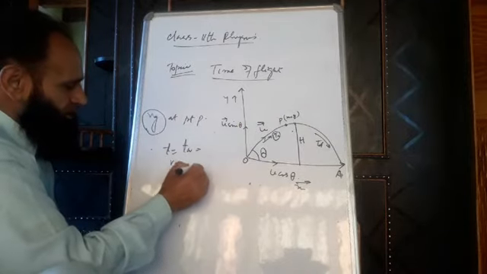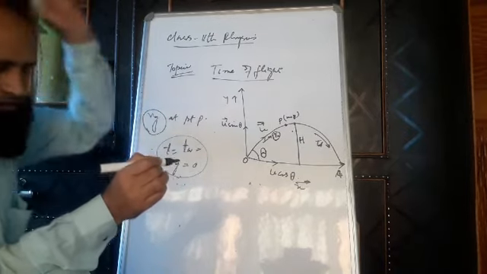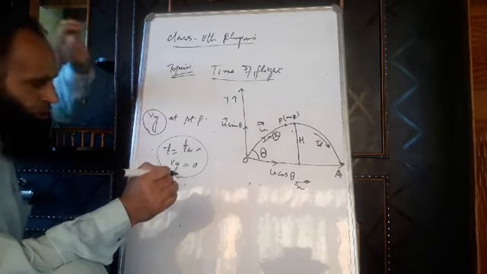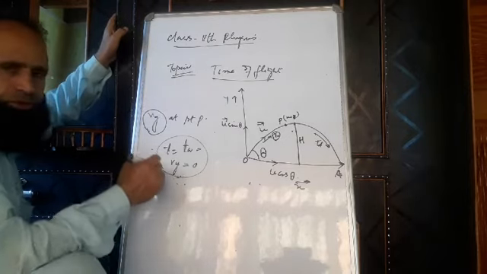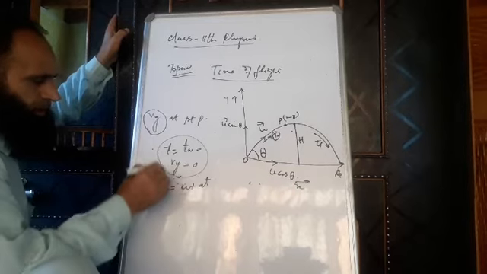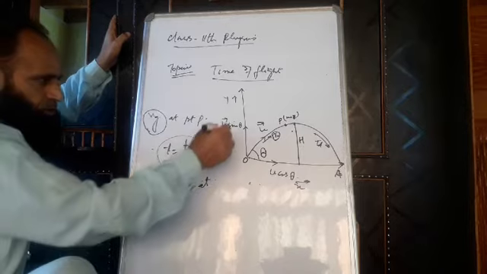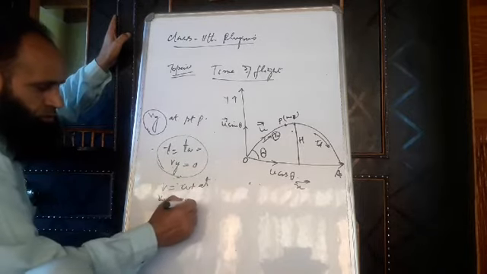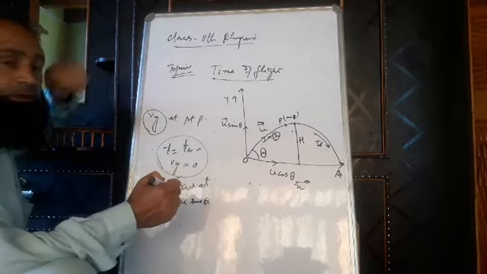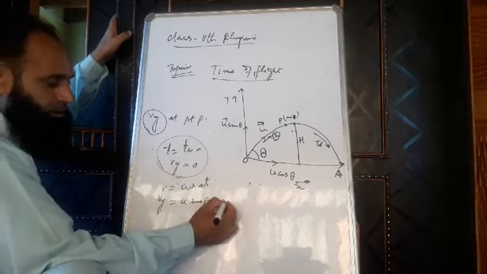Let us take it equal to 0. At that point, it attains the value 0. We know the first equation of motion, v is equal to u plus at. Here, instead of v, we write Vy. Instead of u, we write u sin theta. Instead of a, we write g, but here it is not plus, it is minus.